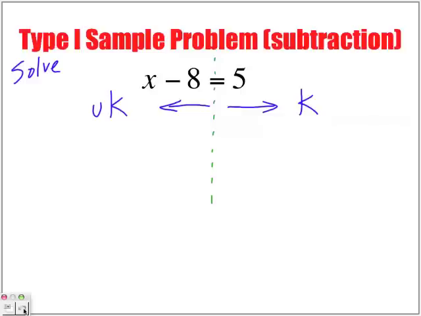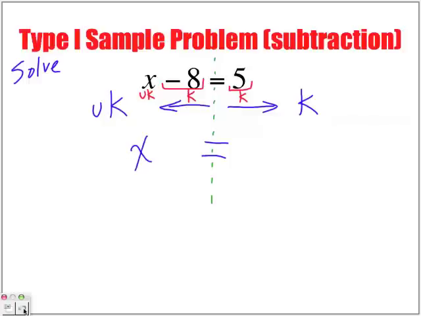So let's identify. x is an unknown value. This -8 is a constant, so it's a known value. This 5, which is +5, is also a known value. So we've got our equal sign. What do we have on the left side? What should stay? This x here should stay, right? Because we're going to keep the unknown values.